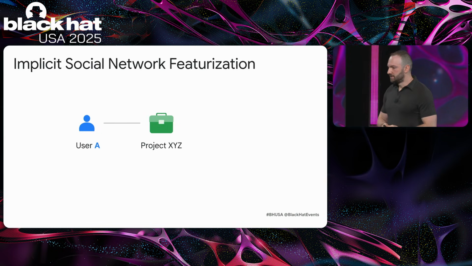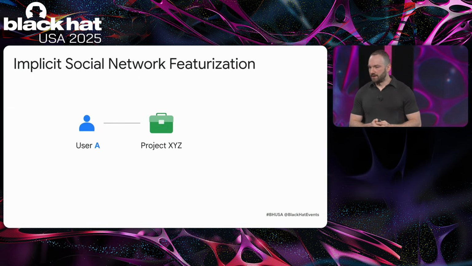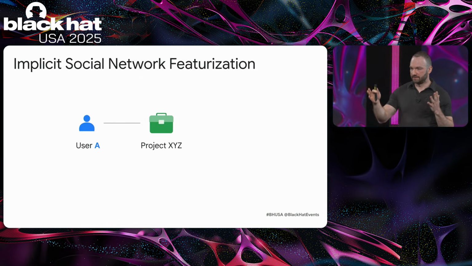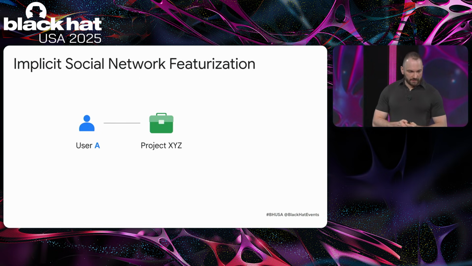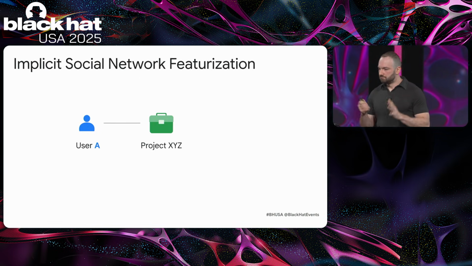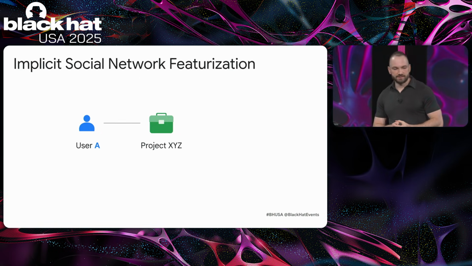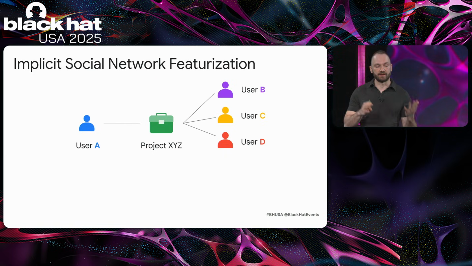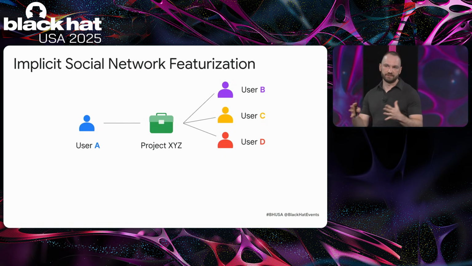So this is an example of how it would work for, let's say, user A, who is assigned to a given project here. In order to do this, Facade is going to internally expand and get the list of everybody else who's assigned on the same project at that given time.